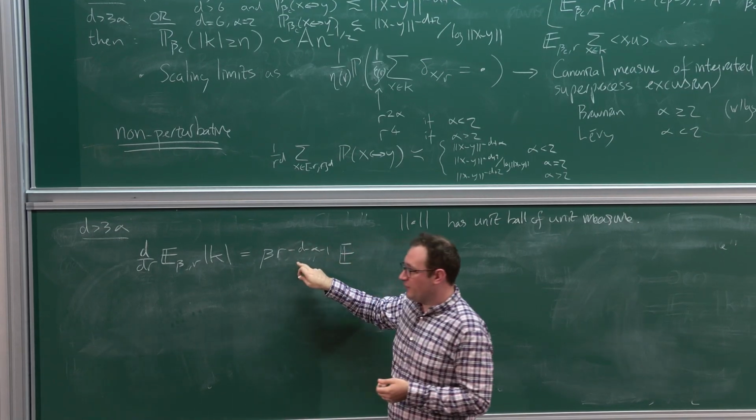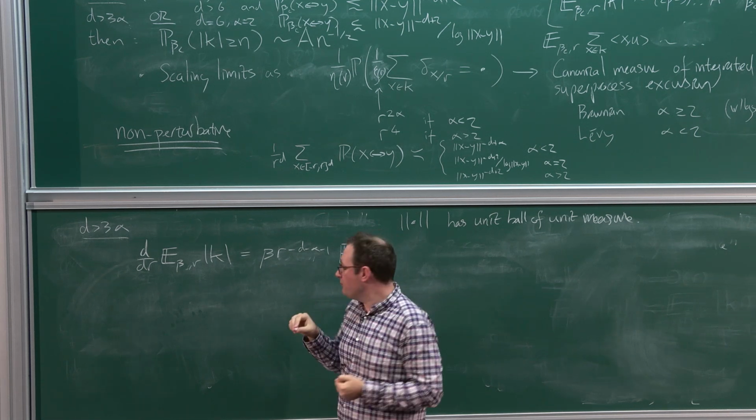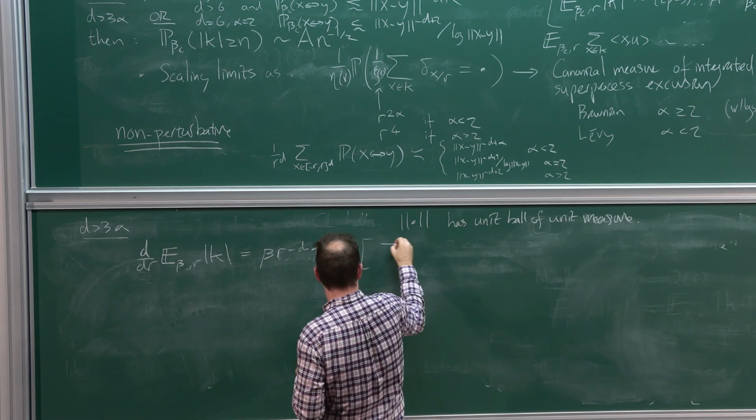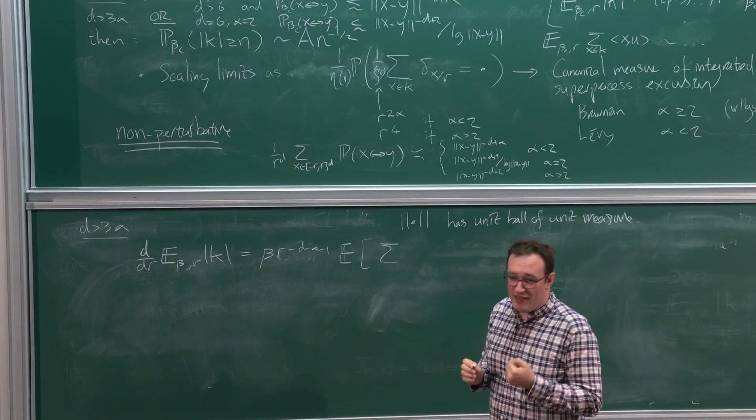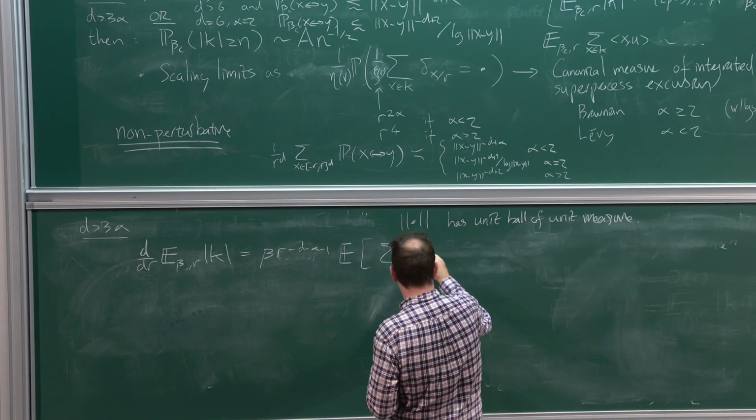So this is just coming from the amount that you're changing the probability that an edge is present. But of course, you only change the probability of edges of length at most r, right? And what does this derivative look like?